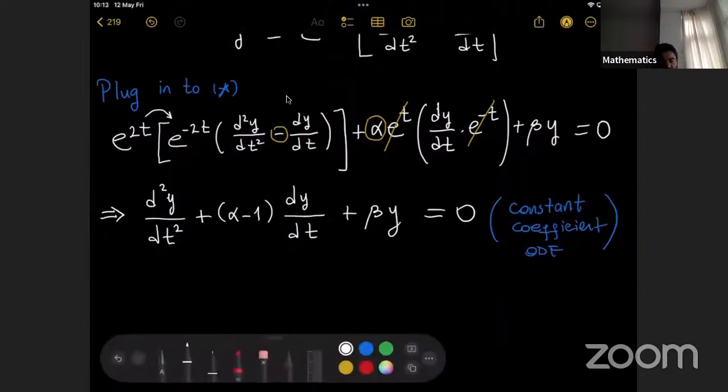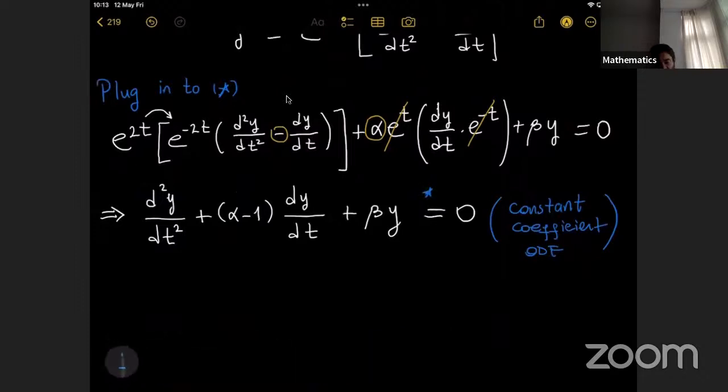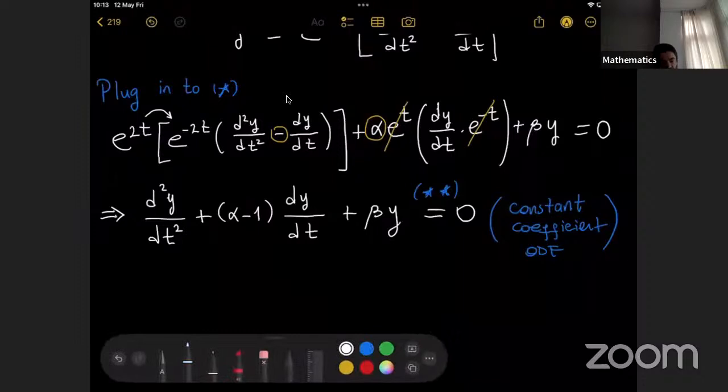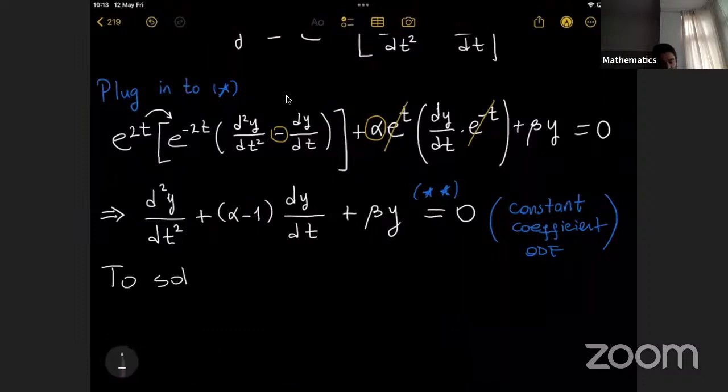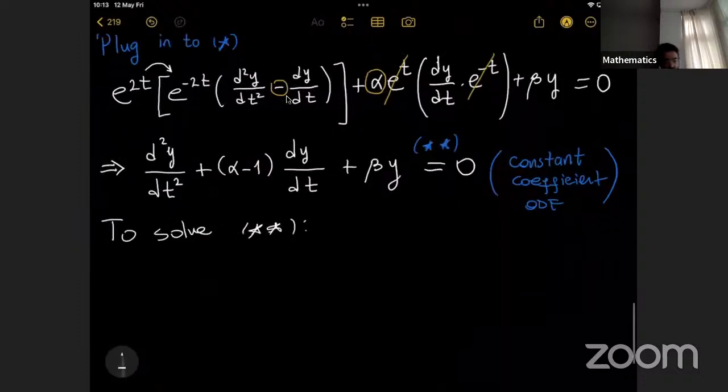All right, we try to solve this. Let's call it double star. To solve double star, we look at the characteristic equation, which is lambda square plus alpha minus 1 times lambda plus beta equal to 0.